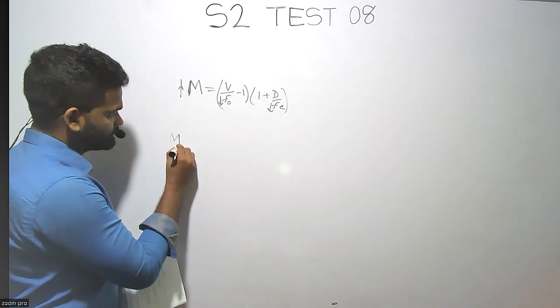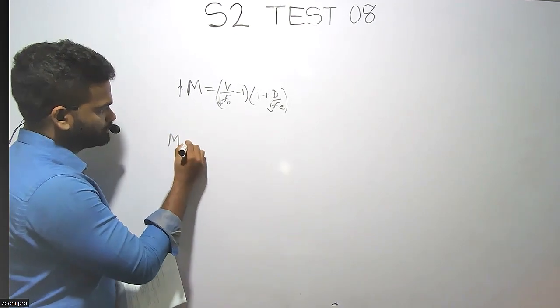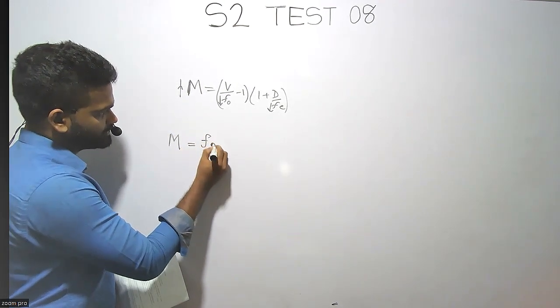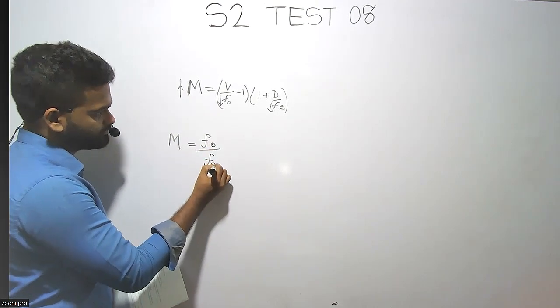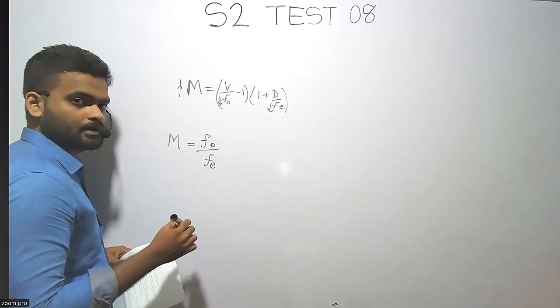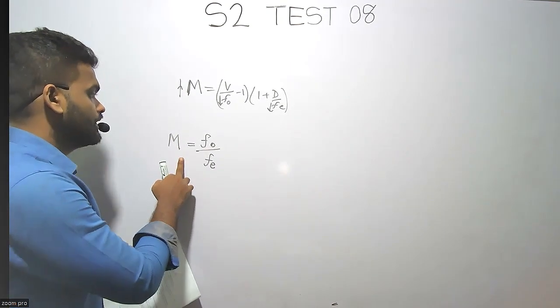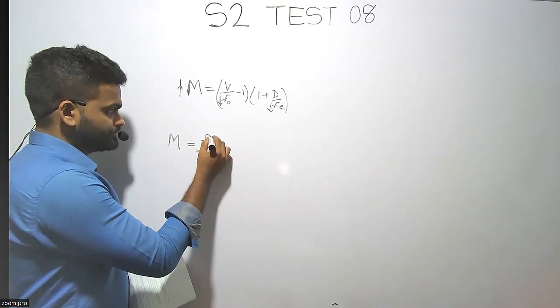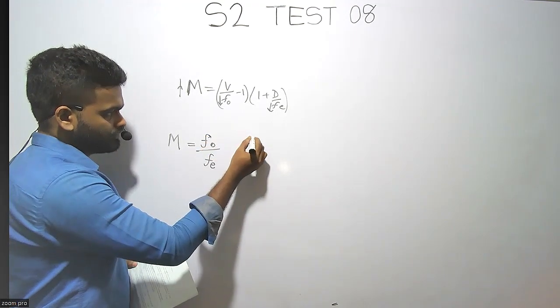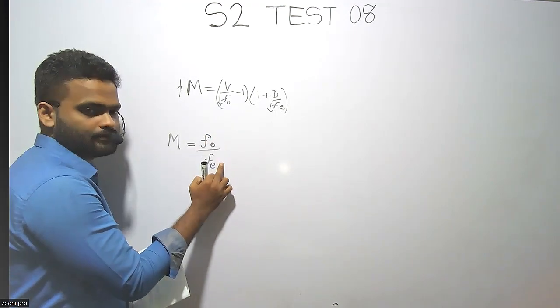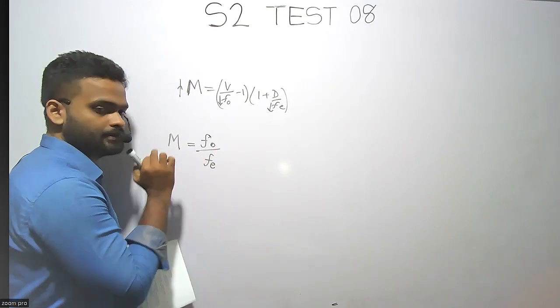For a telescope, we proved angular magnification is f0 over Fe. This is the minimum angular magnification. So it is f0 over Fe, not Fe over f0, right? It is f0 over Fe.